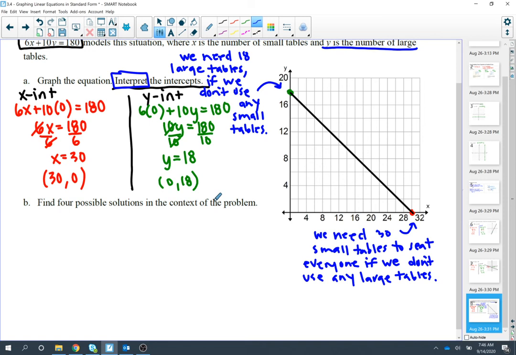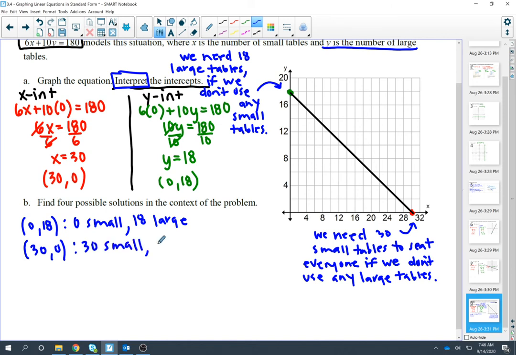One solution we found was 0, 18, which means 0 small and 18 large. That will seat everybody. Or we also found 30, 0, which means 30 small and 0 large. That will seat everybody.